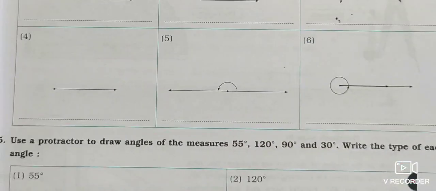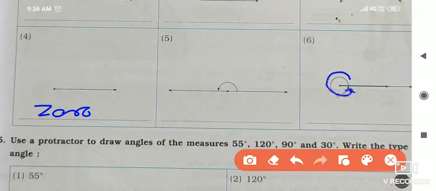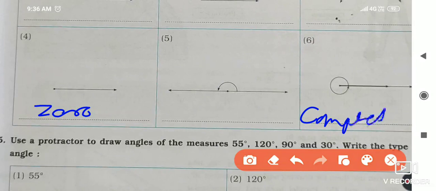And here, one round of completion is shown, and that's why this angle is a complete angle. This is zero and that is a complete angle.